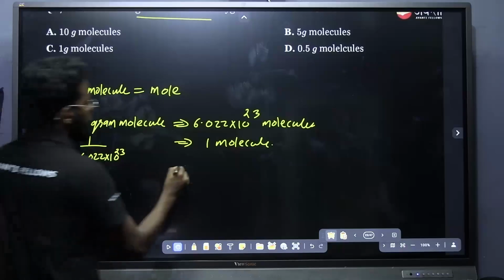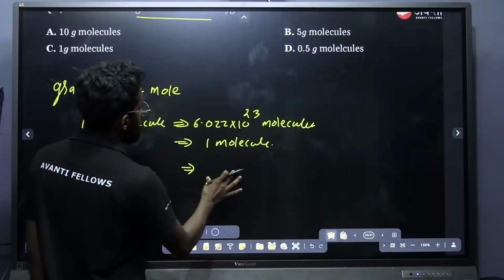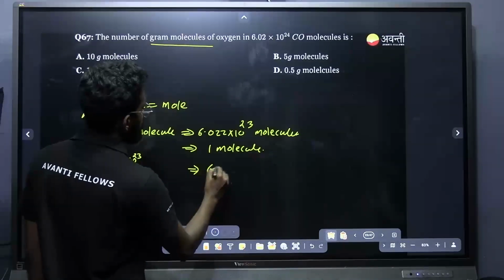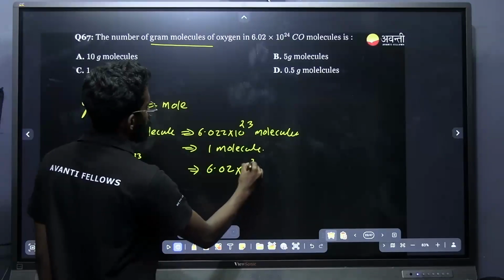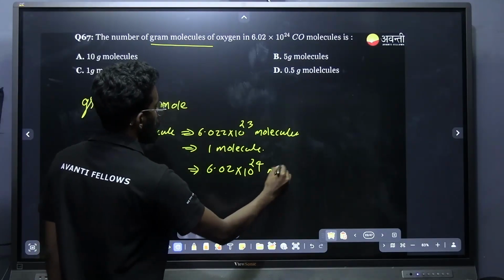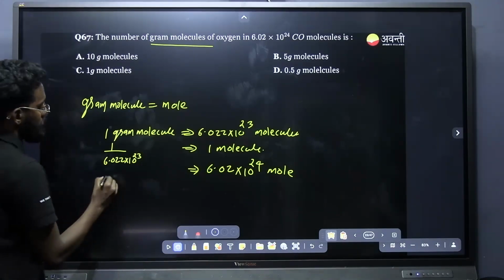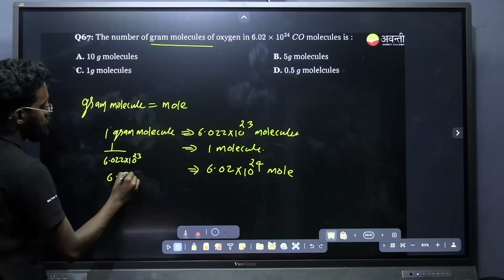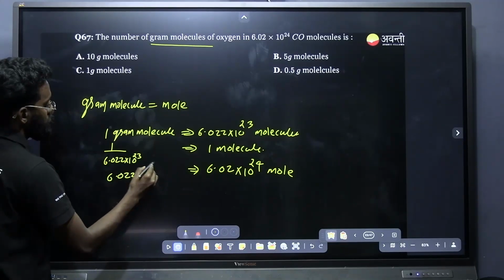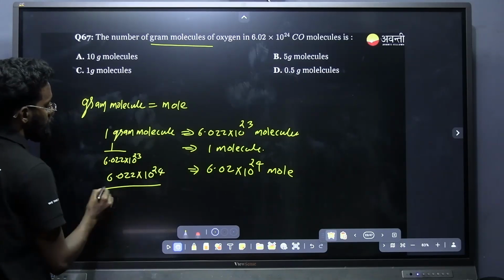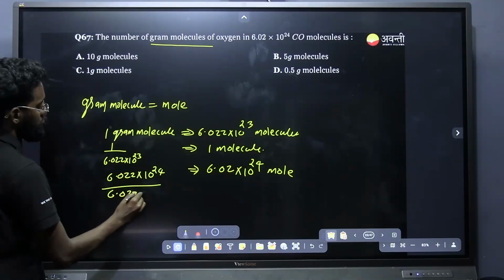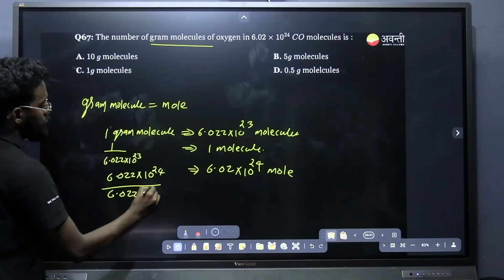Now for 6.02 into 10 to the power 24 molecules, how many gram molecules of CO will be there? 6.022 into 10 to the power 24 divided by 6.022 into 10 to the power 23.